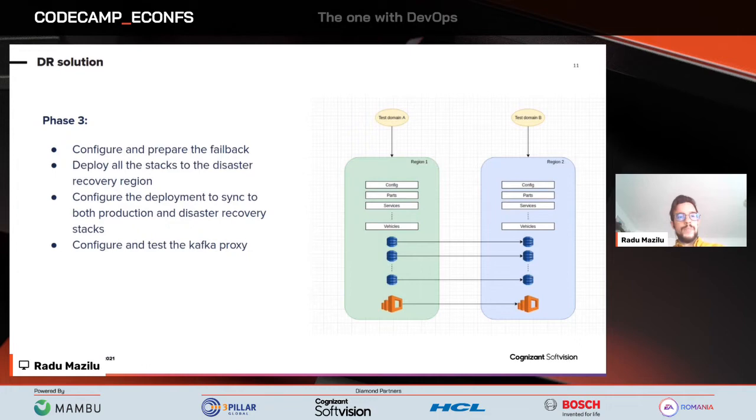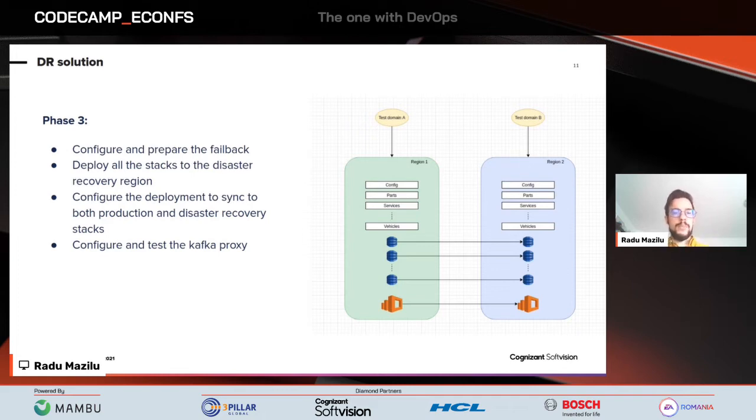In phase three, we went full scale. We updated the code for every stack. So that means about 50 repositories in our case. We deployed everything to the disaster recovery region.